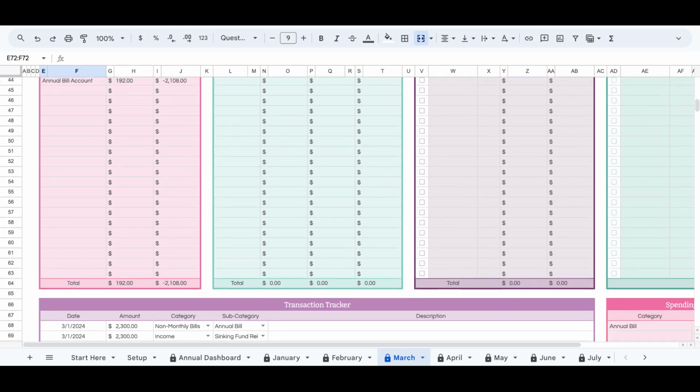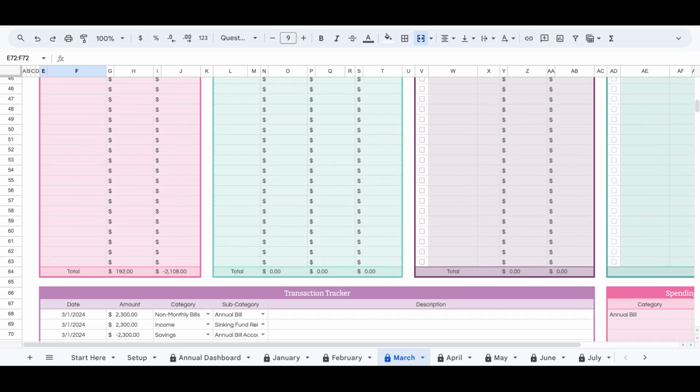Okay. Then I record that that money is coming over to reimburse me from my sinking fund. So I'm not taking this out of my normal paycheck for that month, right? I already have the money saved up. It's coming back over from my sinking fund. So that's when I record that income line item of the same amount.